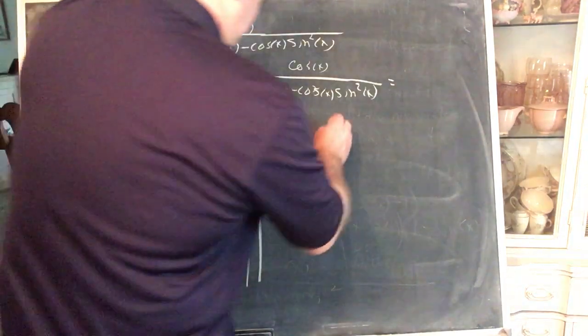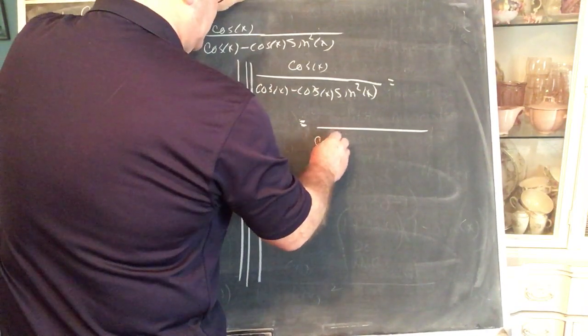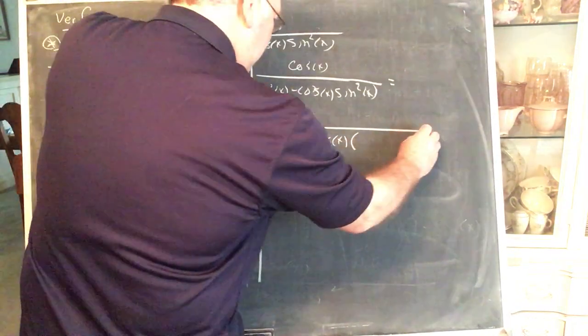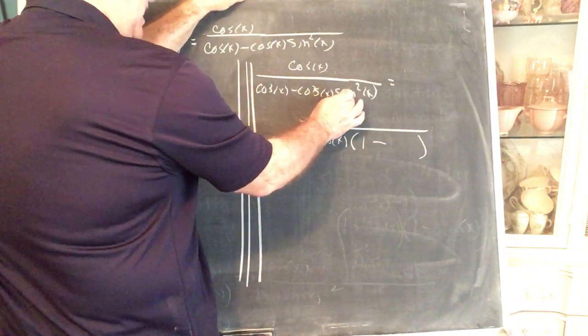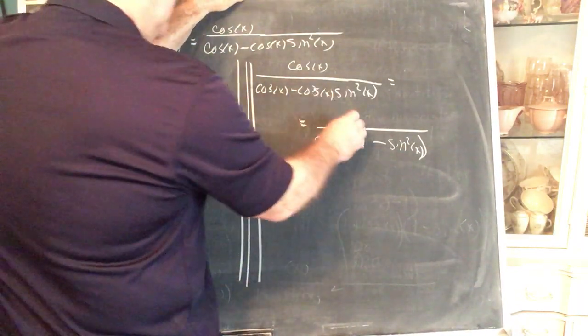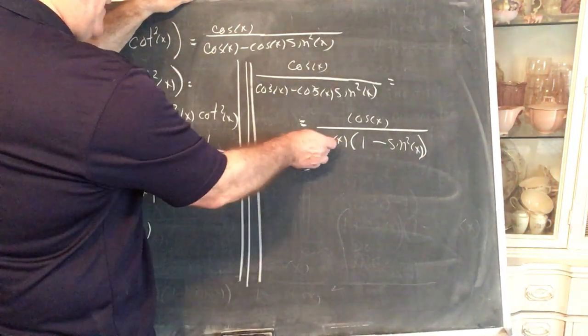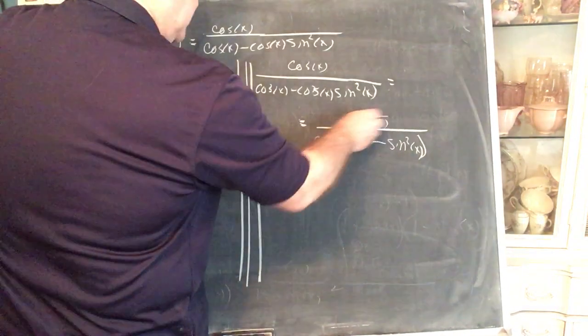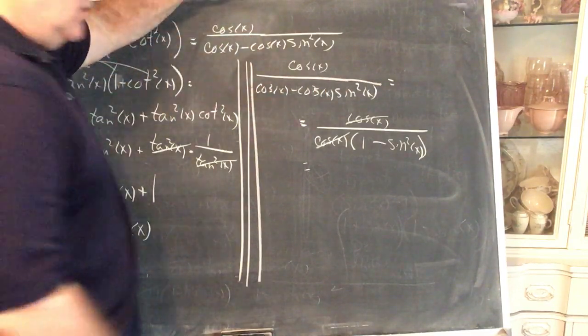So what you may do is out of this denominator do some algebra. Factor out the cosine first, leaving behind 1 minus sine squared. The numerator still has cosine. And now that we've factored out the cosine, yes, you may cancel these. Reduce is the technical word. When everything reduces from the numerator, we leave a 1.